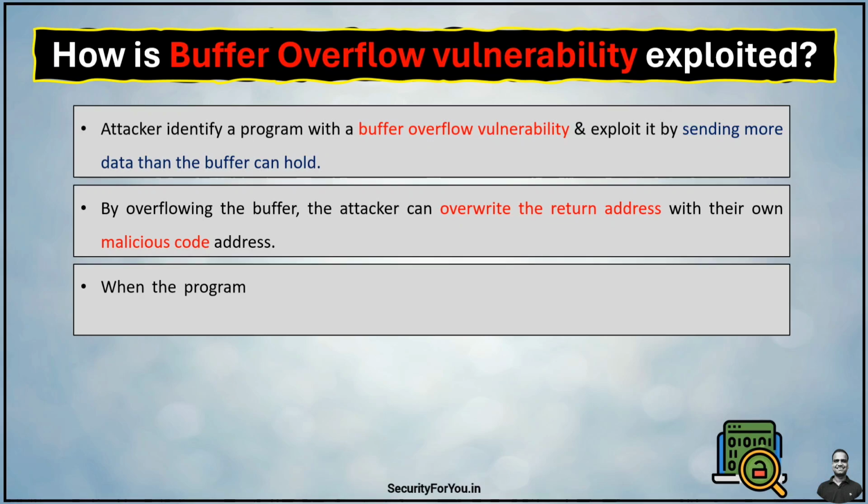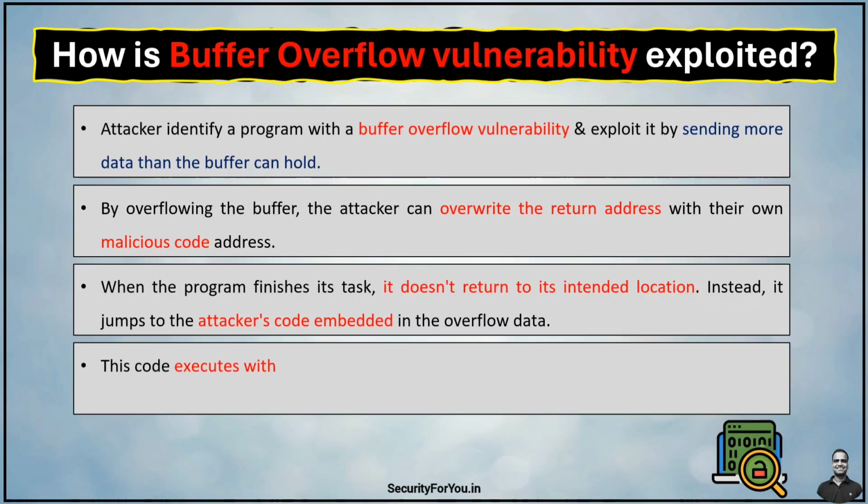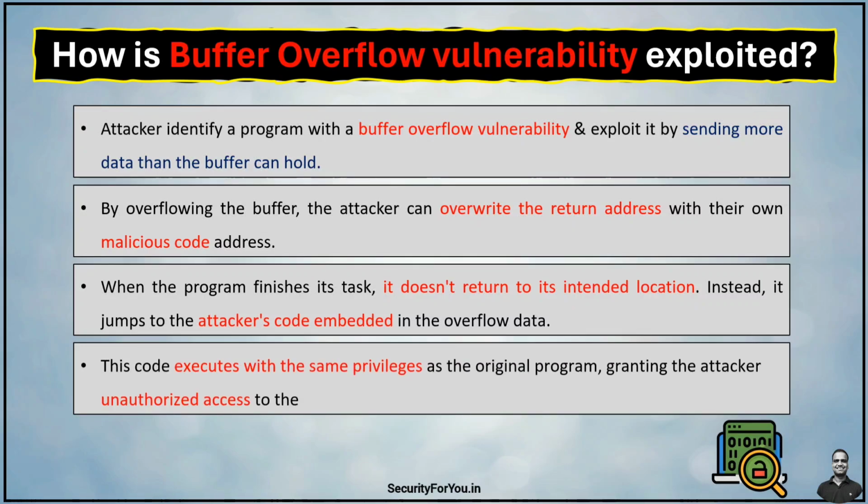When the program finishes its task, it doesn't return to its intended location. Instead, it jumps to the attacker's code, which was embedded in the overflow data, right? This code executes with the same privileges as the original program, granting the attacker unauthorized access to the system. I hope now you have understood the buffer overflow vulnerability and how this attack happens.